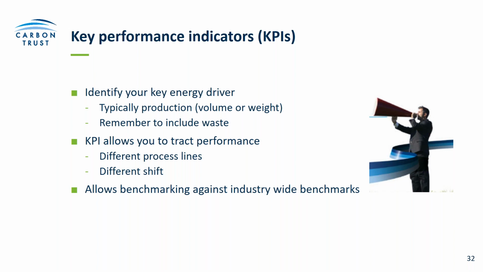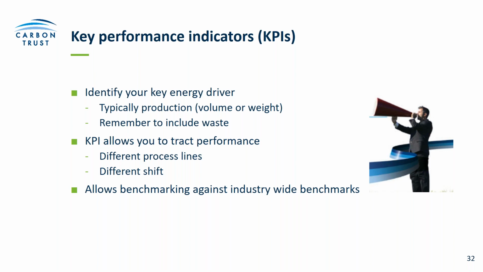In terms of the production values, it's important to remember that you need to include the waste at the production level. Often the level of production excludes any kind of waste, but at the end of the day, if the waste has gone through the process, then there is an energy penalty as a result.